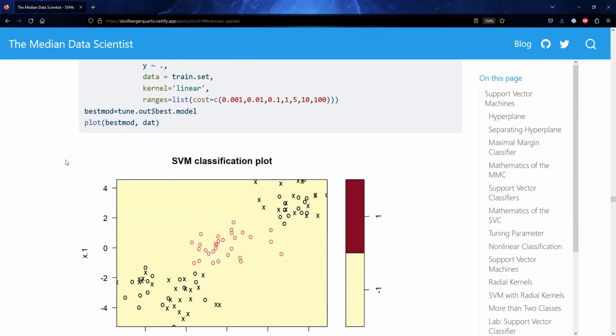And then here we have a picture of that support vector machine in action.